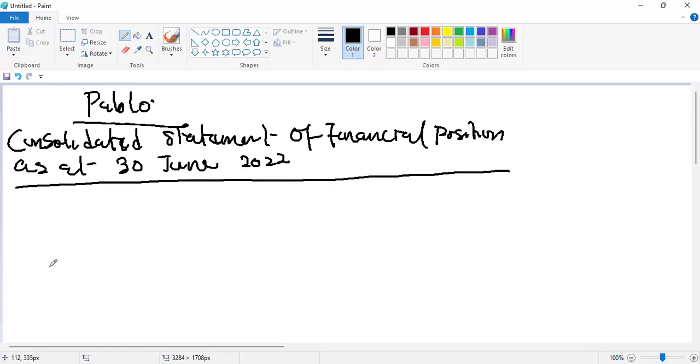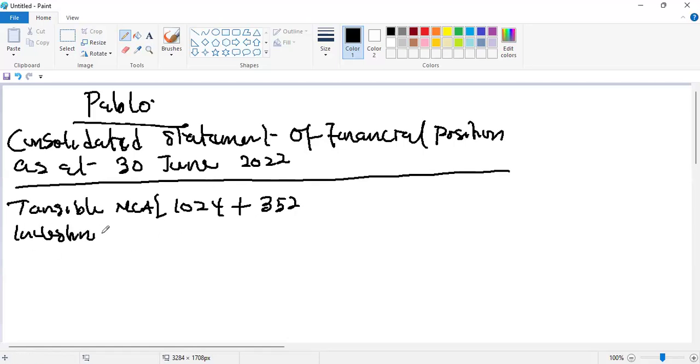First one, timetable, non-current assets. 1024 plus 352. I will not add it up. Investment in Escobar, investment in Leon. He has investment in associates. Goodwill.